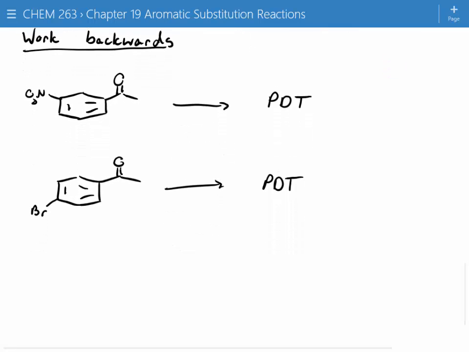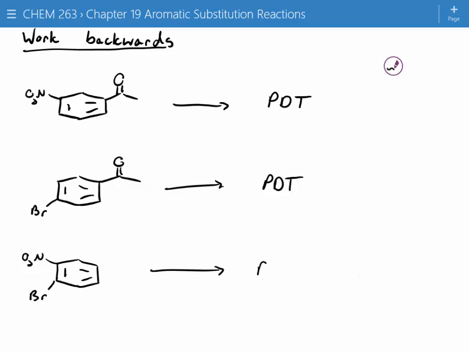Or, last but not least, we could leave our nitro group on and our bromine on, and we could install the ketone on last through a Friedel-Crafts acylation. So let's quickly write down the reagents. What would we need for that first reaction if we wanted a bromine on? Br2 or FeBr3.